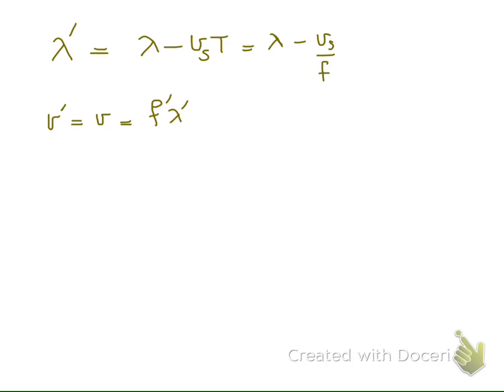We can also relate the velocity of the sound wave for the stationary source as f lambda. And from these two equations we have f prime equal to f lambda over lambda prime.